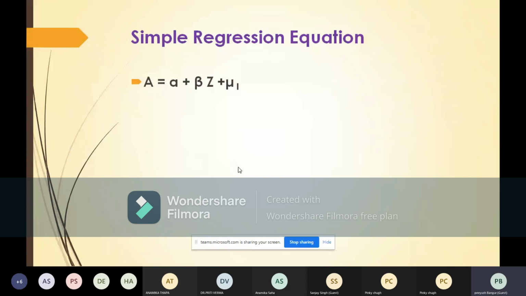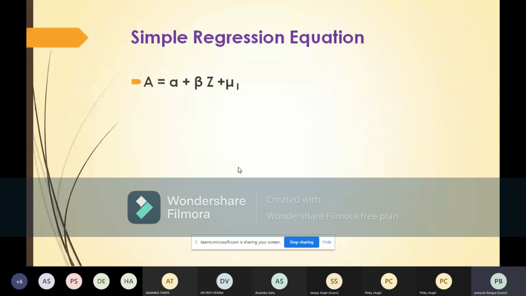See friends, listen to things very patiently. A is known as the dependent variable. If we want to check the impact of Z on A, then A will be the dependent variable.